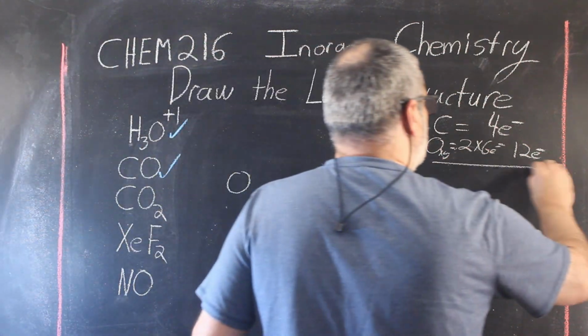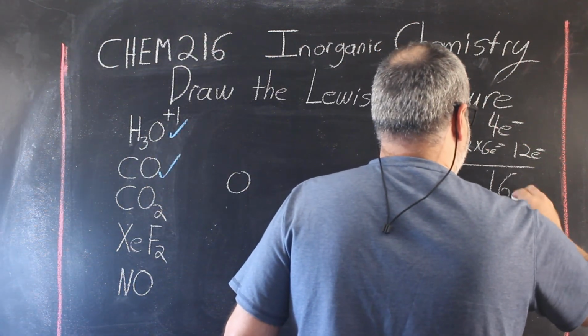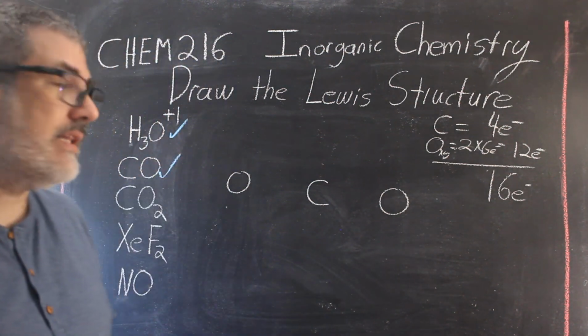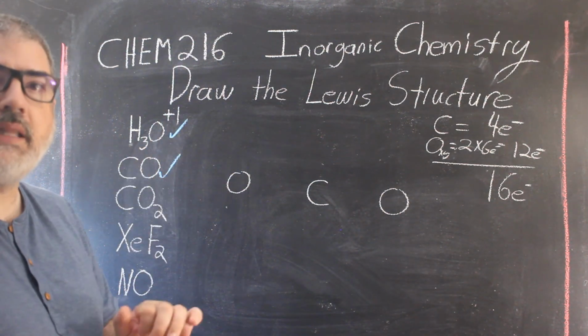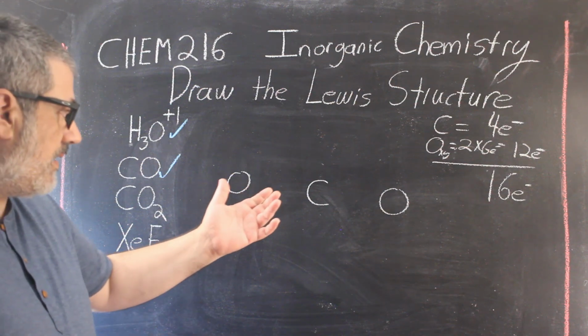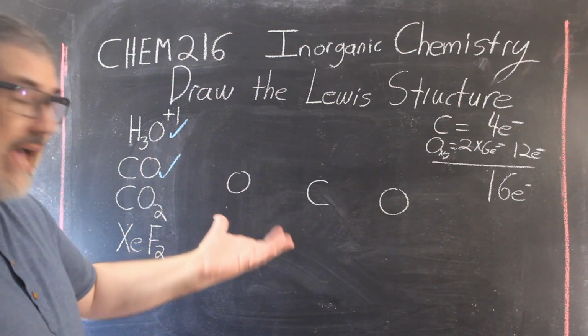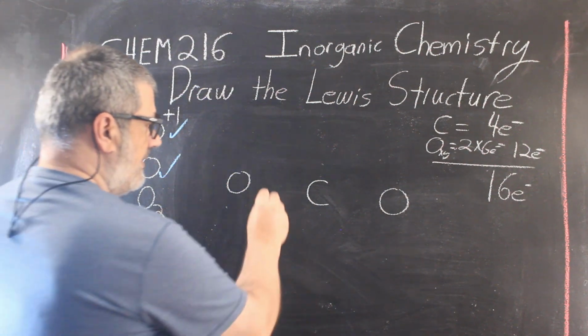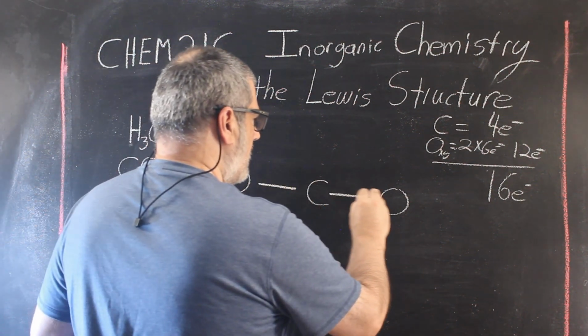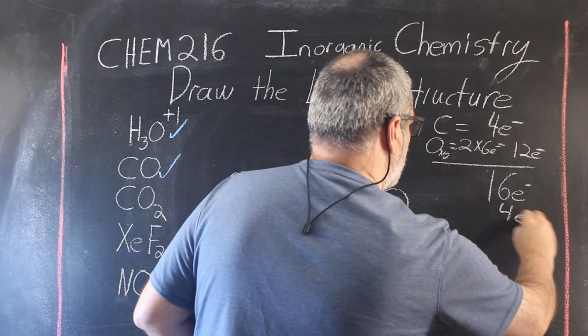So now we've got a total of 16 electrons to work with. Again, the way I like to approach it is you know all of the atoms have to be connected. So they're going to require single bonds. 2, 4 electrons.